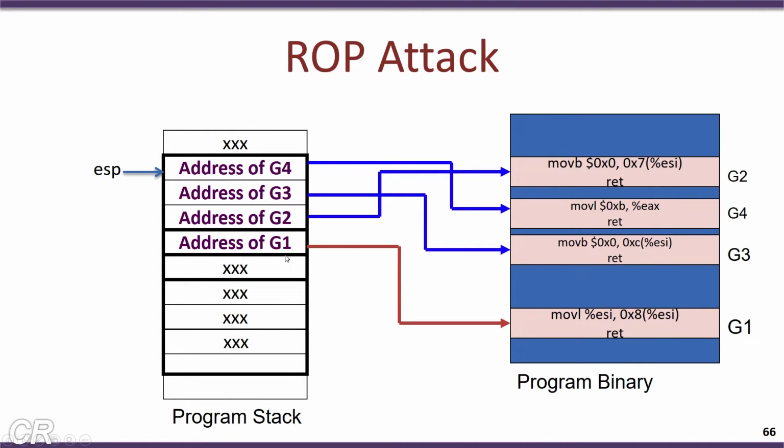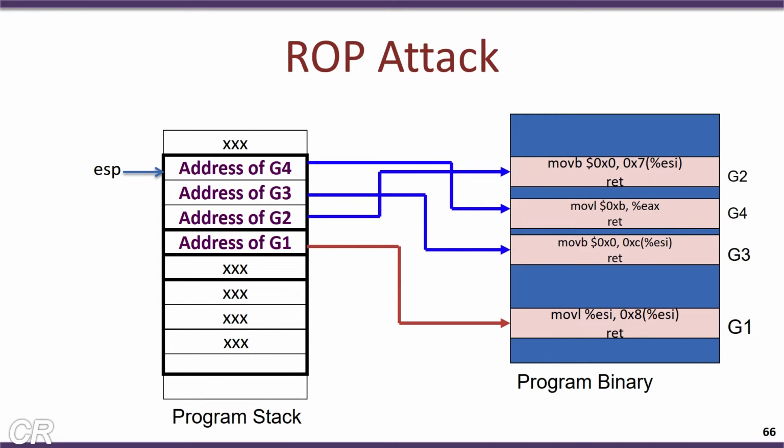So, for example, over here in this case, the attacker would need to know where the address of gadget 1, gadget 2, gadget 3 and gadget 4 are present in the library. The attacker's assumption is that if he is able to find these gadgets in a particular system, then that attack would be successful.